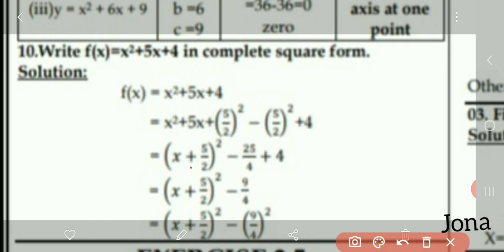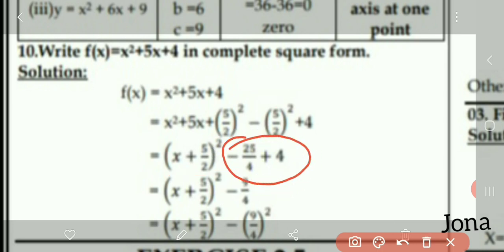So I have x plus 5 by 2 the whole square, and here I want to square the number. Minus is there already. Keep minus as it is because the square is only for this bracket, not for this minus symbol. So 25 by 4 plus 4, and then we want to simplify these things separately.